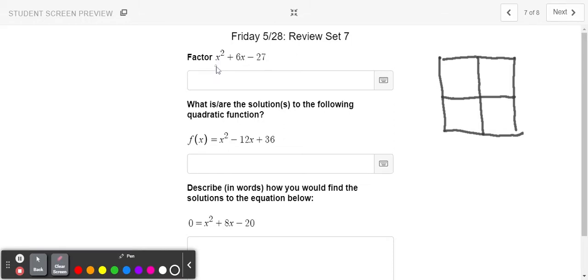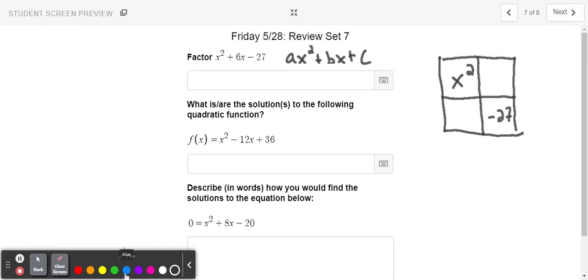Just a reminder, this is in standard form, so it's ax squared plus bx plus c. Okay, so the A term is x squared. Let's put that up here, x squared. The C term is negative 27.